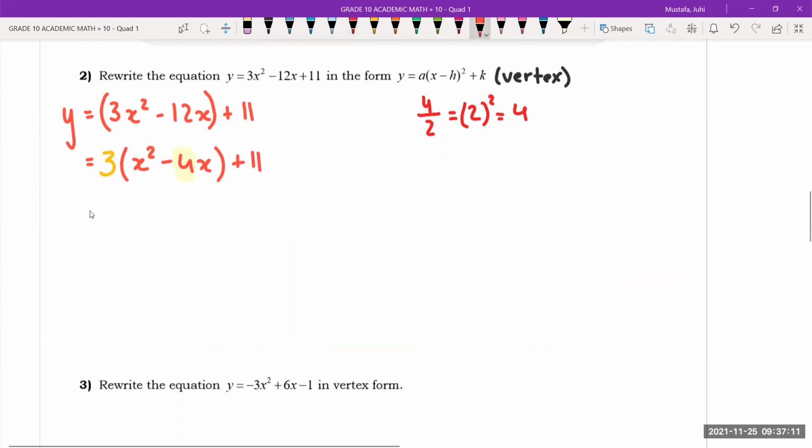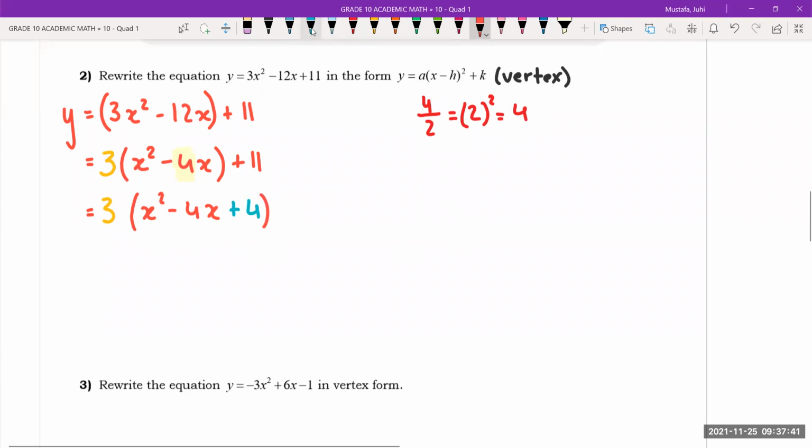We're going to have equal to, I'm going to keep that 3 that I factored out there. And then I'm going to keep this x squared and the minus 4x together. And now, you guys, we take this number that we've completed the square with, and we're going to add it on to this binomial over here.